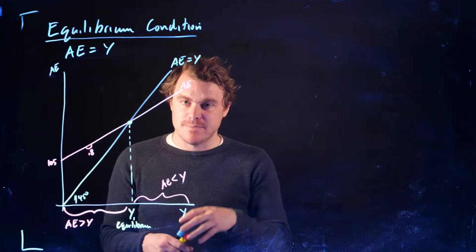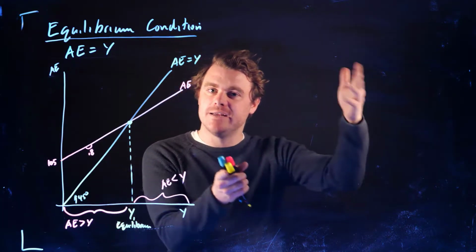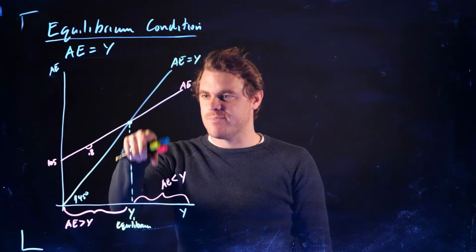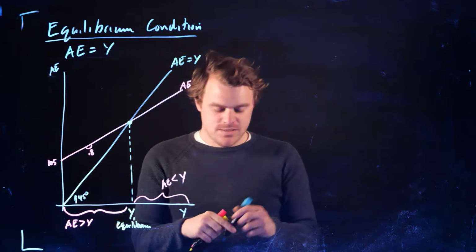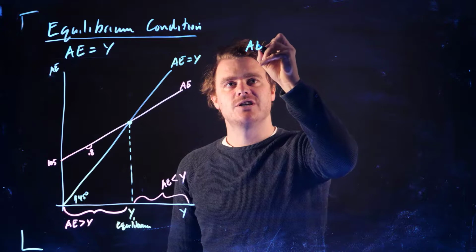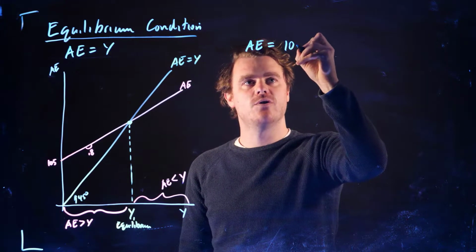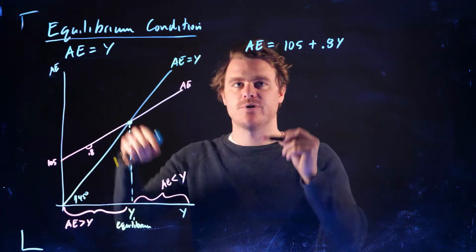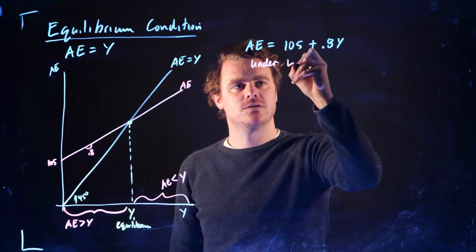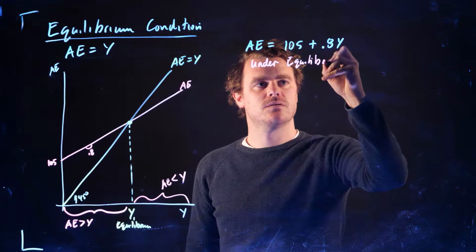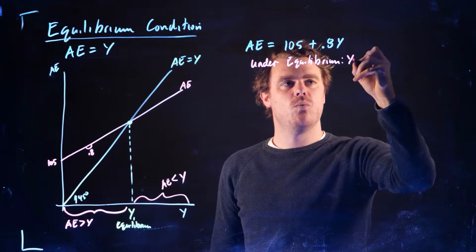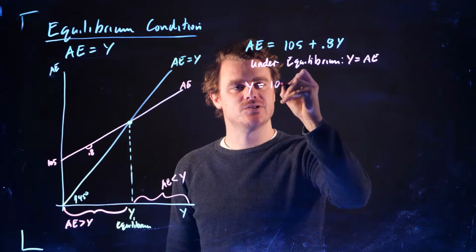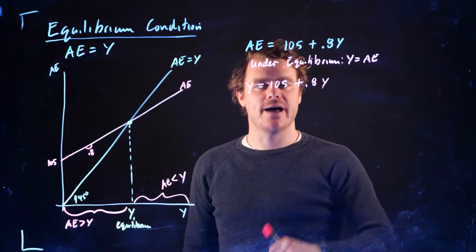We can also think about this mathematically, in terms of algebra, in terms of how we get this Y1. We do have a functional form here, so we could solve for this. Our AE function in our example was equal to 105 plus 0.8 times Y. Under equilibrium, Y equals AE, which means Y equals 105 plus 0.8Y.